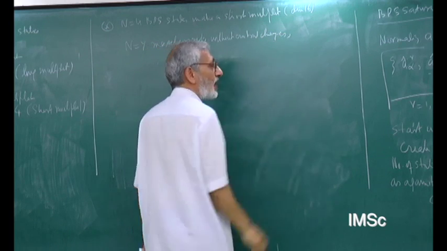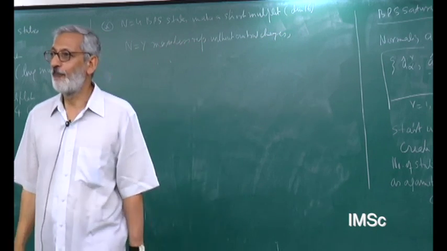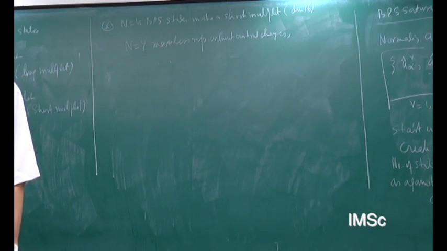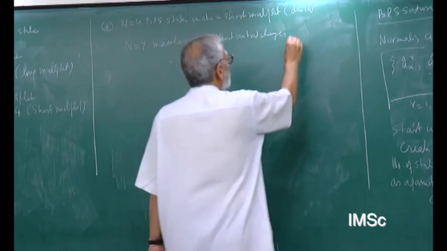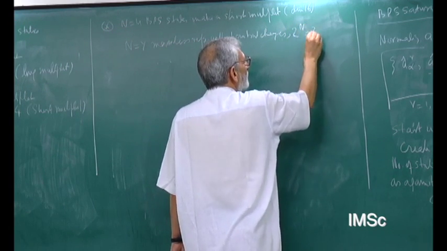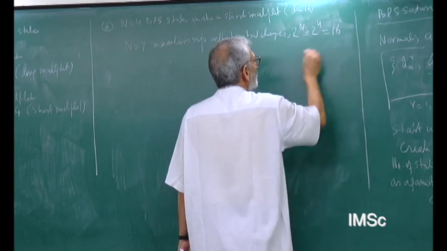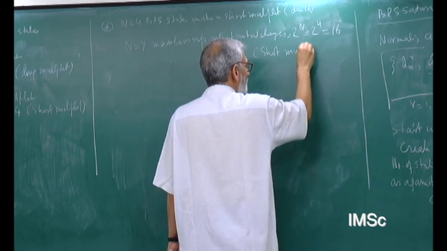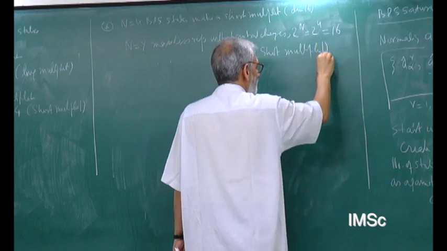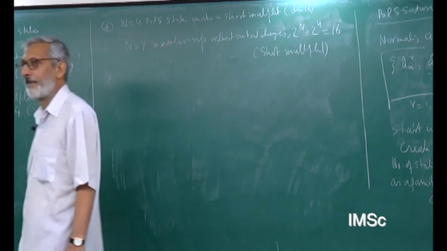How many did we find there? 2 to the n, and 2 to the n is 2 to the 4, that is 16. This is also a short multiplet.